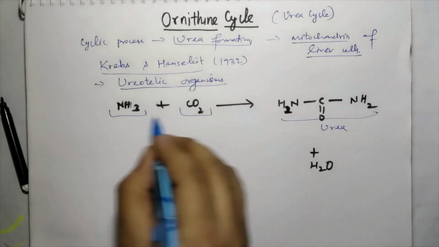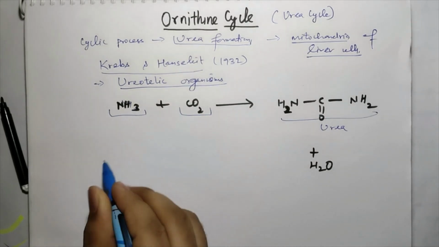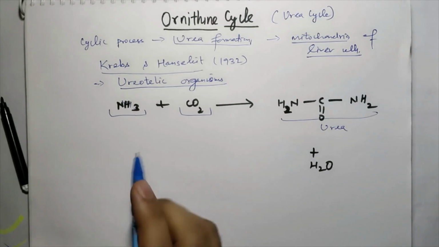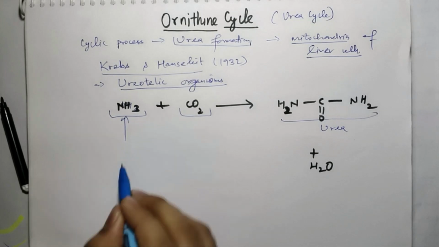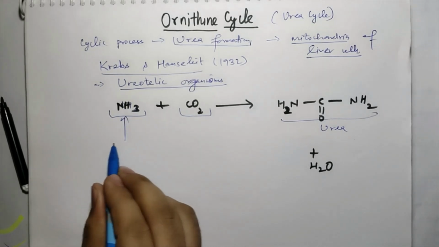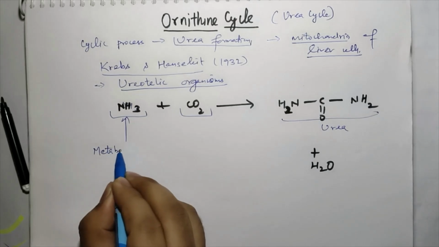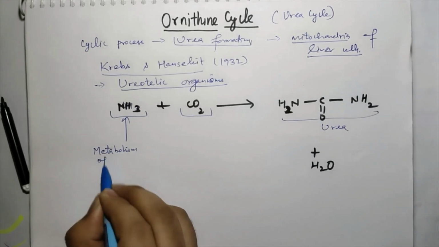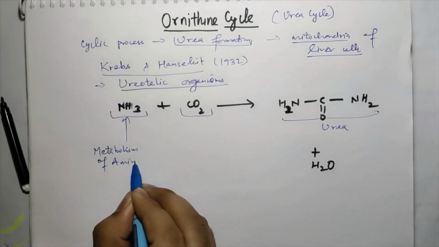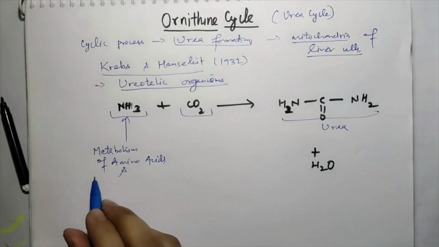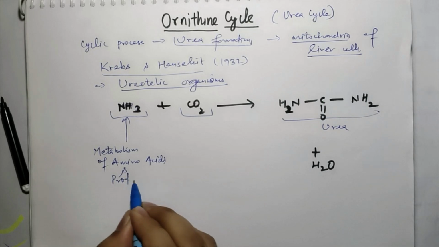For this we have to cover in brief the catabolism of amino acids, as the ammonia is derived from metabolism of amino acids and proteins.